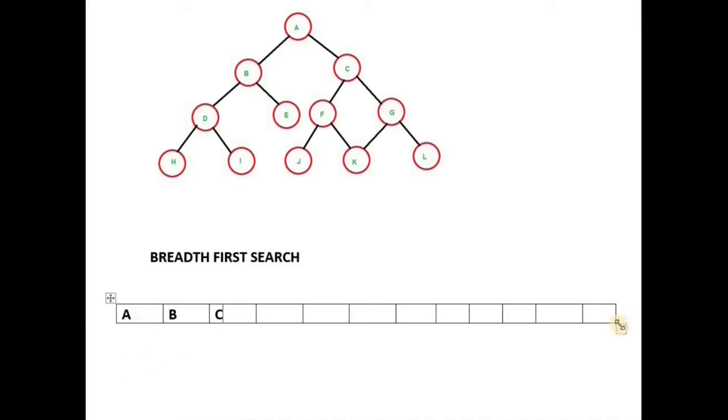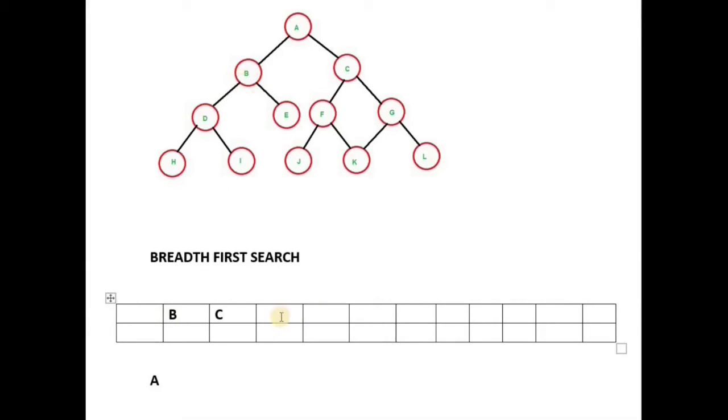So I will take A out of the queue and remove it. Then I will take the next one, that is B. From B, which nodes can I visit?